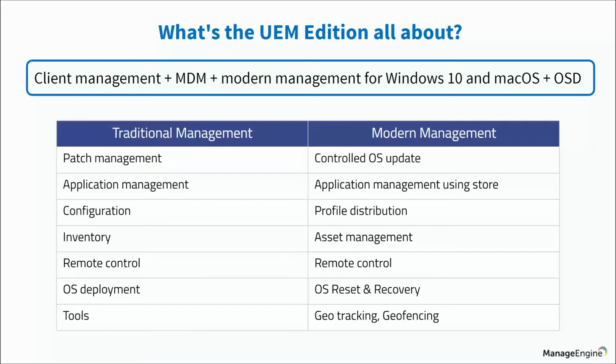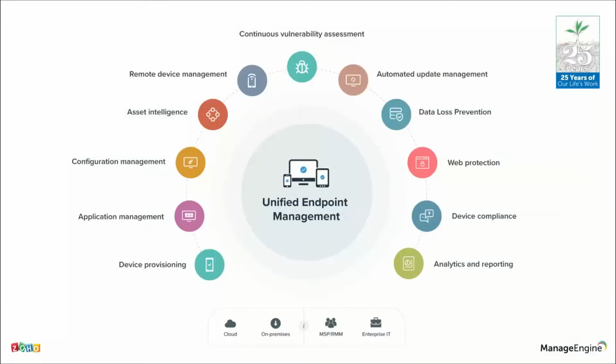It supports features like geo-tracking, geofencing, managing Windows Store applications, profile distributions to enforce restrictions, also operating system reset and recovery. So can you guess a popular operating system when I say modern operating systems? That's right. Windows and Mac are good examples of modern operating systems. So Desktop Central can manage both the worlds, traditional and modern, from a single web console.